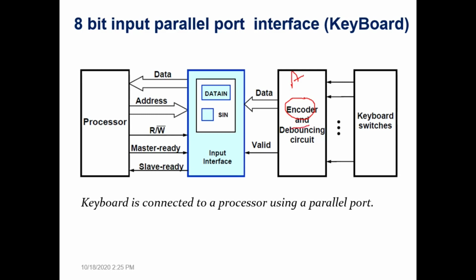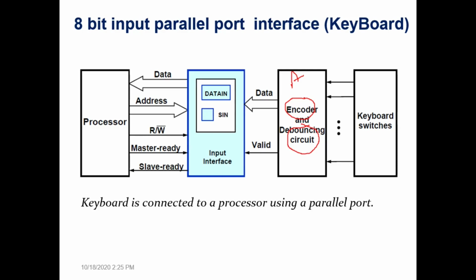Then there is a debouncing circuit in the keyboard. When you press and release a key, for us it feels like we pressed a single key, just press and release. Even if you press and release within a short time, the processor is very fast. The processor considers even nanoseconds.